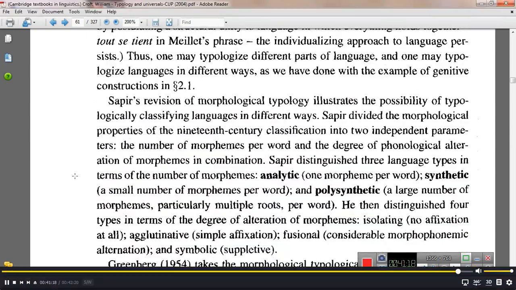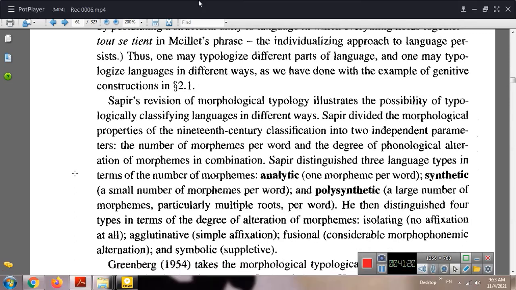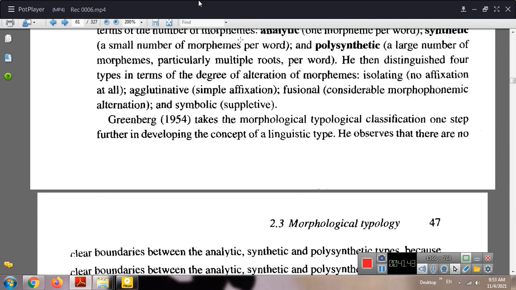And then we had another classification based on Sapir, which had two types of classification. One of them was analytic, synthetic, polysynthetic. Another one was isolating, agglutinative, fusional, and symbolic, and here you can see the definition of each one in this paragraph.